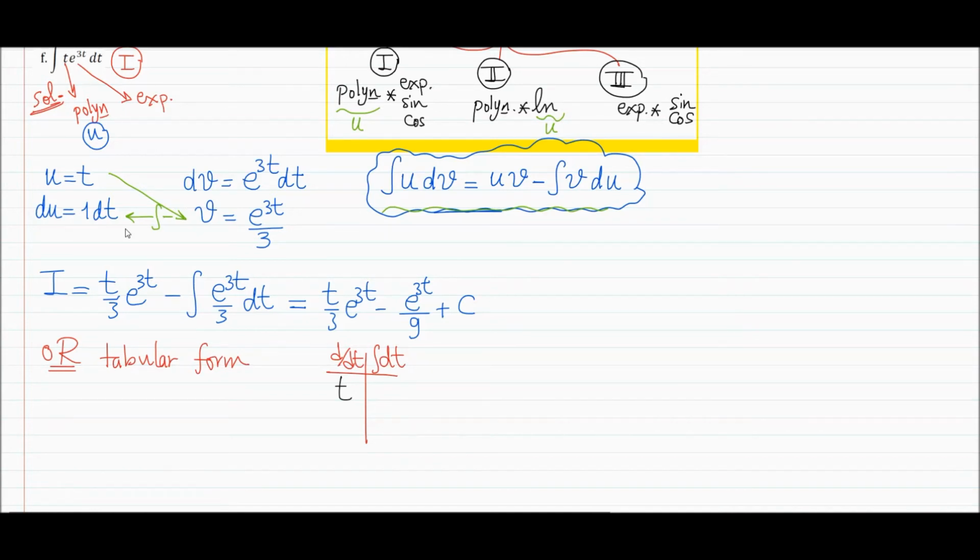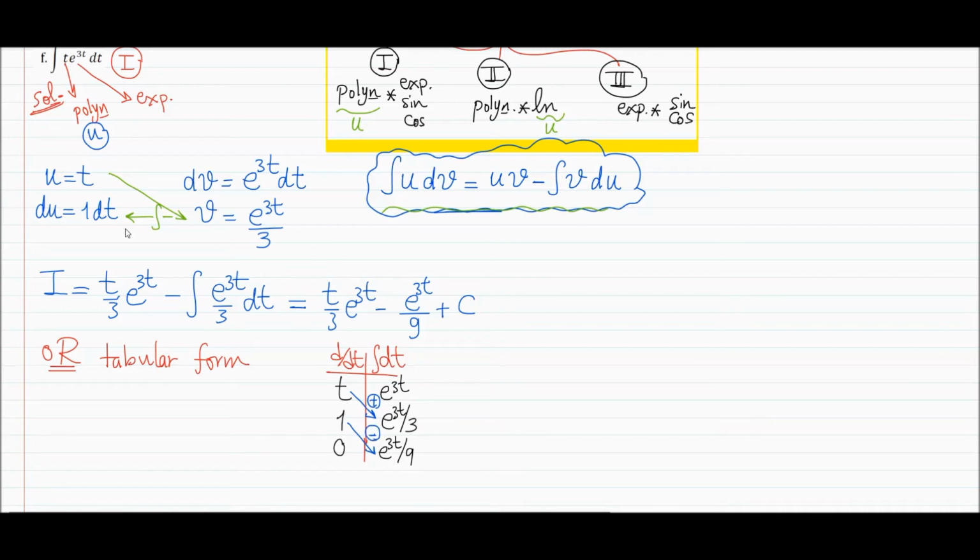So the derivative of t will be 1, the derivative of 1 will be 0. And the other function, which is e power 3t, I have to integrate till the same line. So it will be e power 3t over 3 and again e power 3t over 9. And now I have to make signs like this, multiply the first one here by the second with a positive sign, and the second here with the third one with a negative sign.